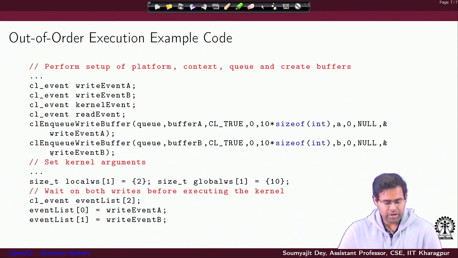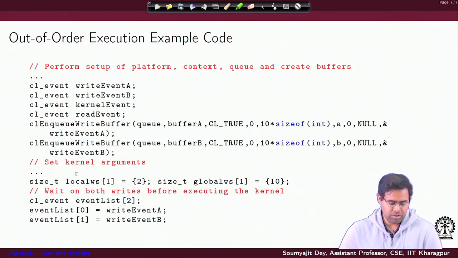Similarly, you also attach write event B for the other write buffer command for buffer B. So you have enqueued 2 write commands in the command queue. They are writing the device memory buffers A and B. The status of these writes can be known from the value that the runtime system will assign to the write event A and write event B events.